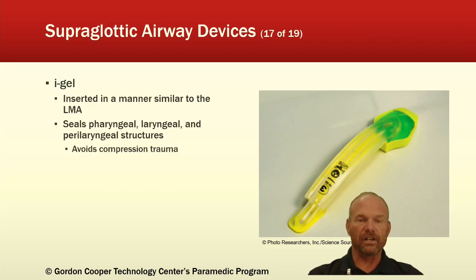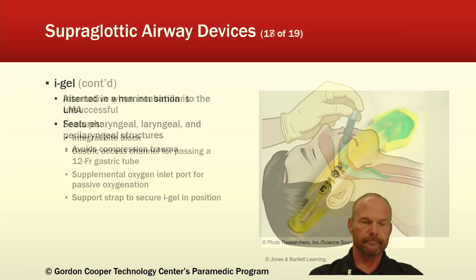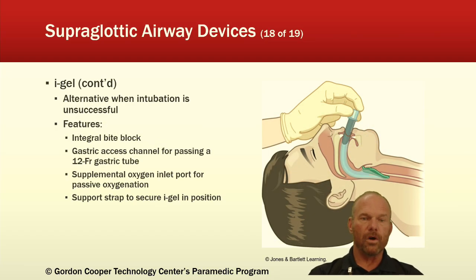So it eliminates the need for cuff inflation, reducing the risk of compression trauma that can occur with devices requiring an inflatable cuff. The i-gel is commonly used as a supraglottic airway device and serves as a practical alternative to endotracheal intubation, especially in emergencies or situations where intubation isn't feasible.